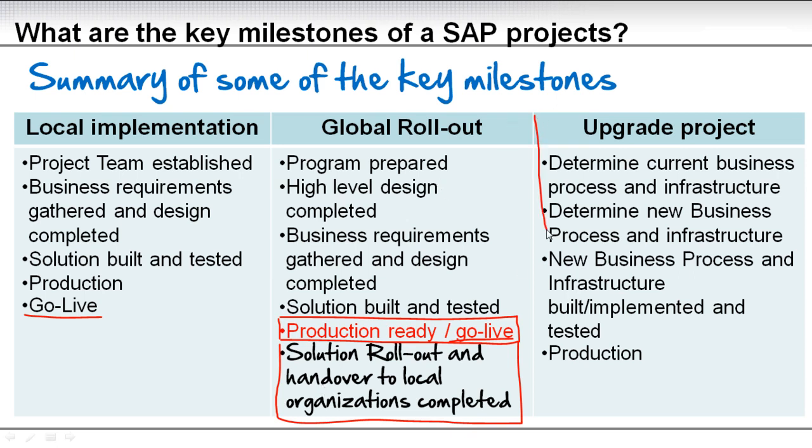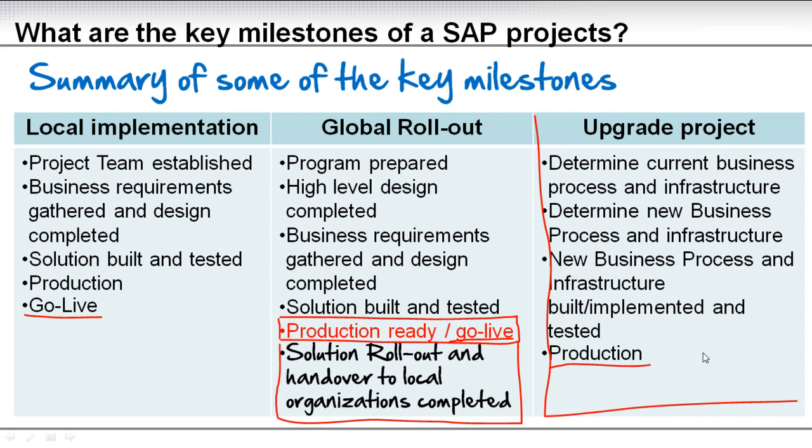The upgrade project is a little different here, as we just mentioned before. You are going through, and the end result is that you have a delta. You identify the delta tasks you need to do within training, data conversion, testing. You get that done, and then you deploy it to production where you are already running SAP.